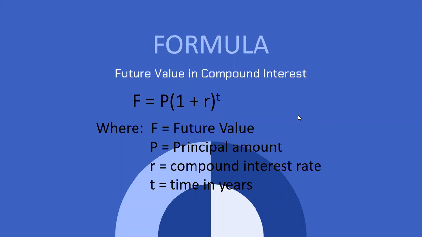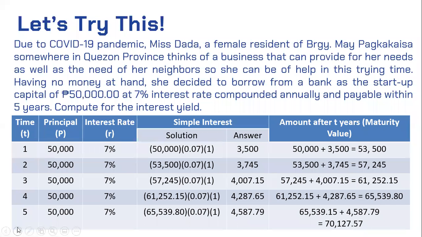Okay. So this one is the future value. Unlike kanina, sa computation natin, mali ako doon kanina sa computation ko. Ang nilagay ko po ay maturity value, pero dapat maturity interest lang muna.